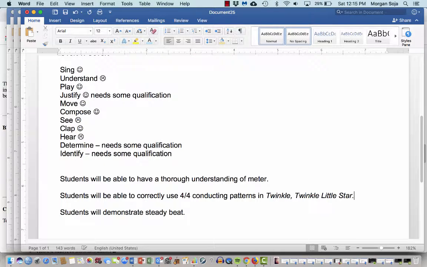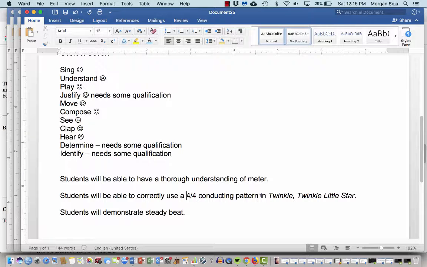Okay, so what I would want to do there to show that the students have a thorough understanding of meter, maybe this isn't a thorough understanding, but I would want students to be able to use a 4-4 conducting pattern in Twinkle Twinkle Little Star to tell me where the downbeat is, right?